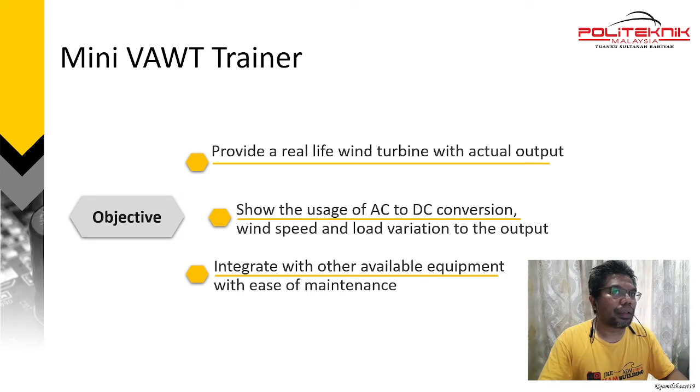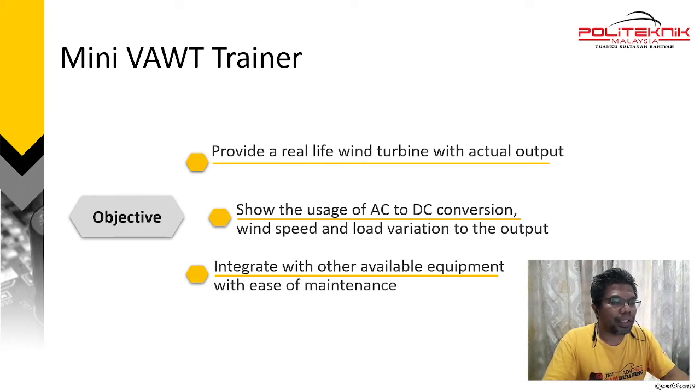But normally, the actual form of this wind turbine output is different, which is AC. So we made and designed this wind turbine so it can show the output in AC signal form.